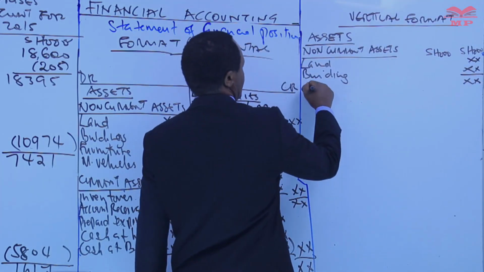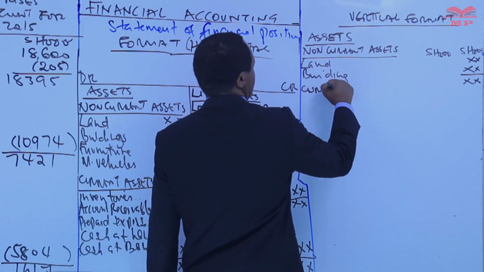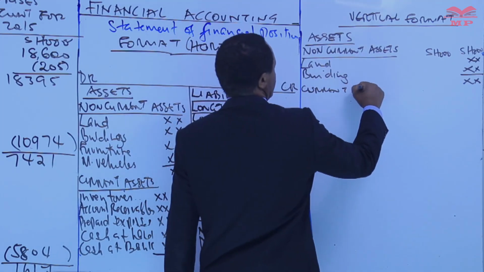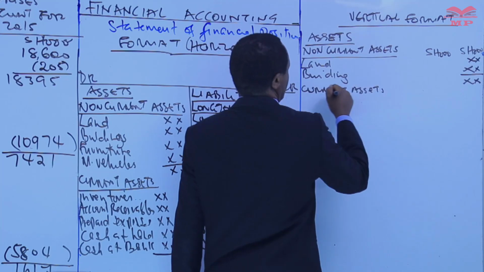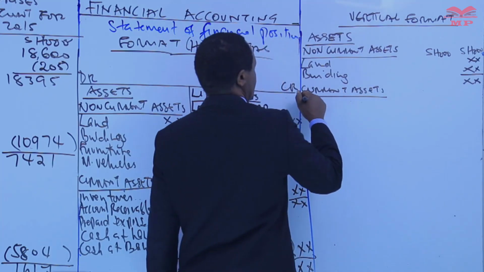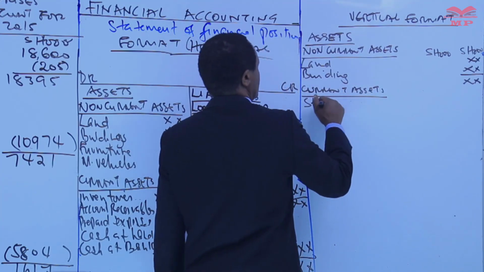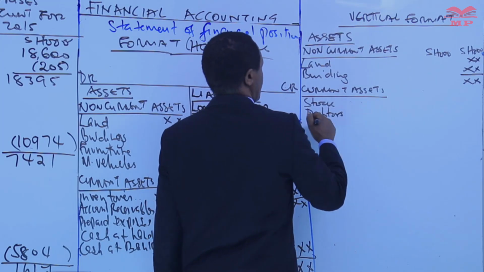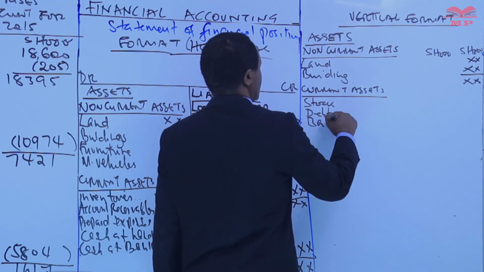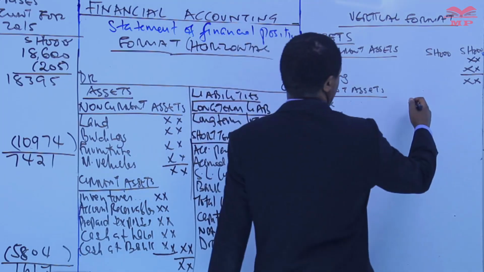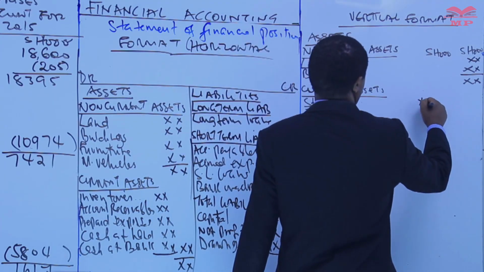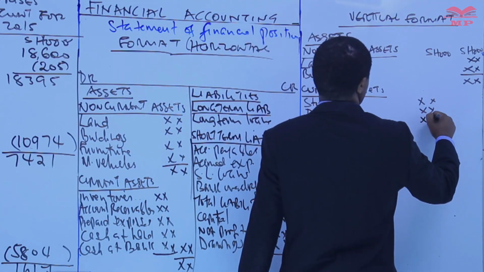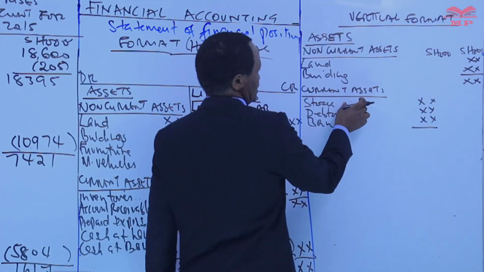We add the current assets. We all know the current assets: stock, debtors, bank, cash, and so on. Put it down in that column. We get the total current assets.